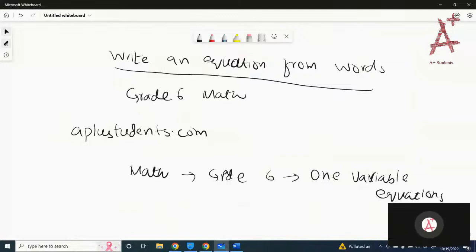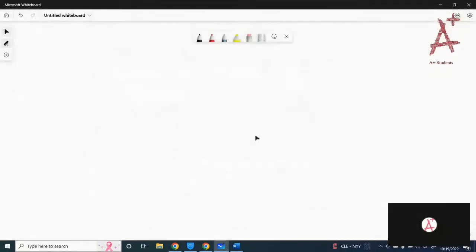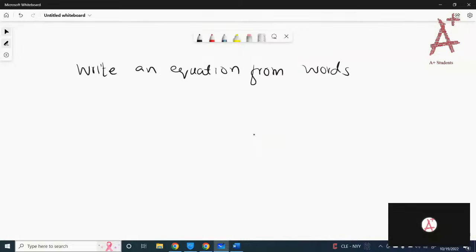So let's start with the topic, that is write an equation from words. Let's start with the lesson, that is write an equation from words.